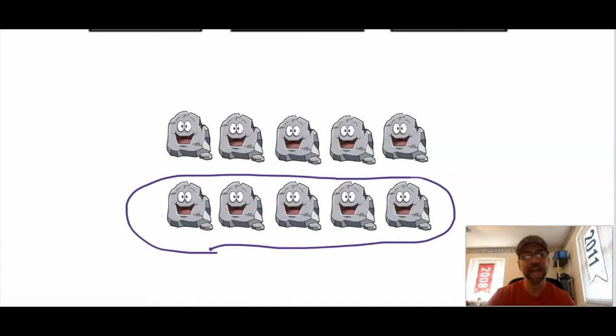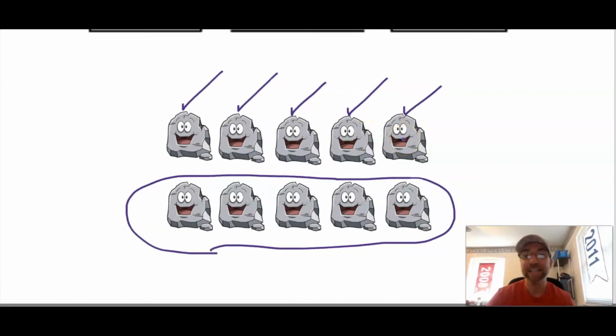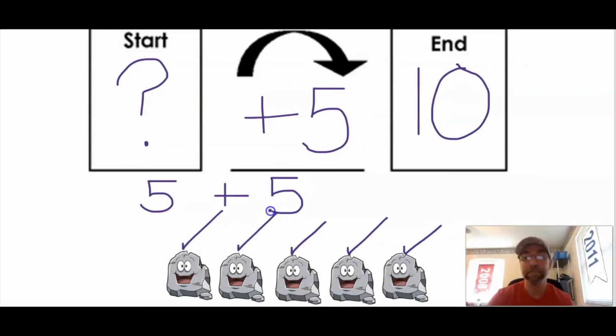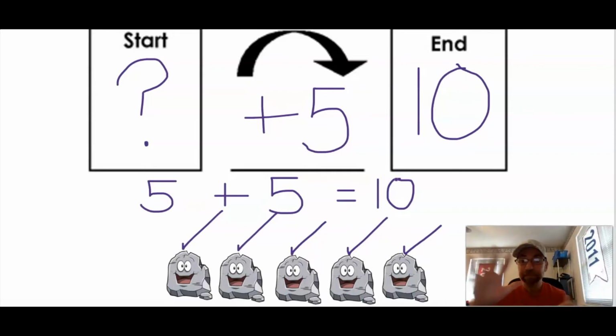How many rocks did I start with? 1, 2, 3, 4, 5. I started with 5. I found 5 more, and it equals my end, which is 10. Another friend of 10. 5 plus 5 equals 10.